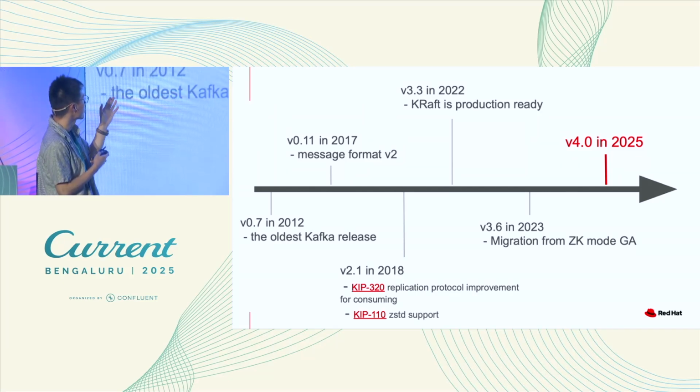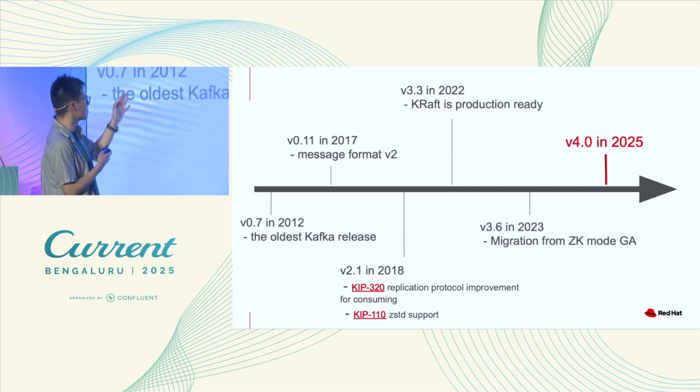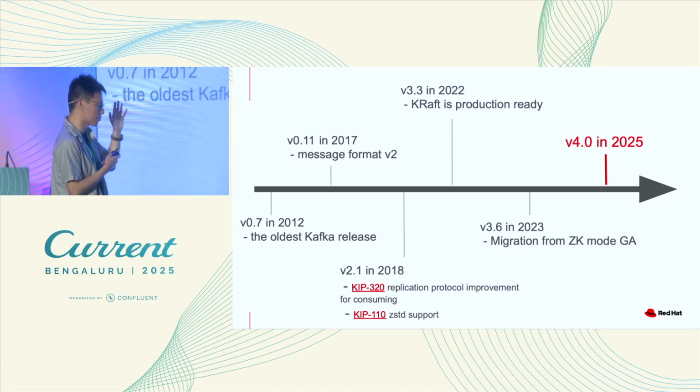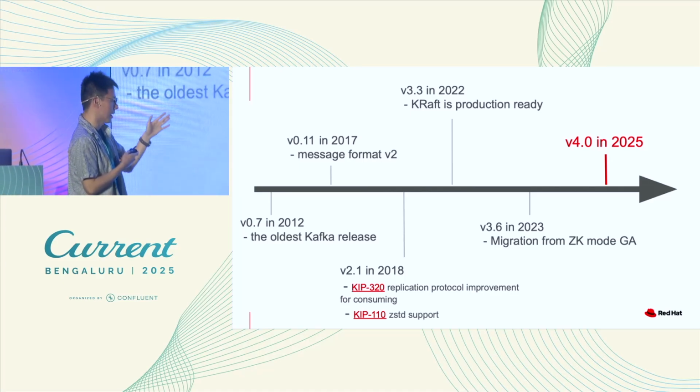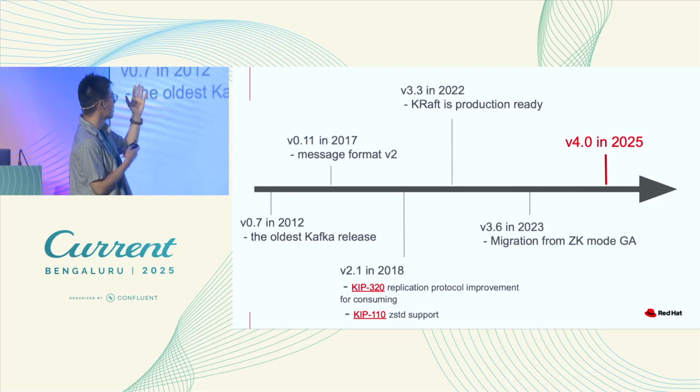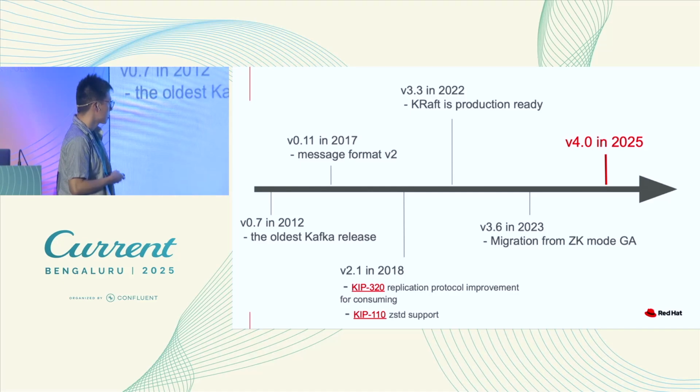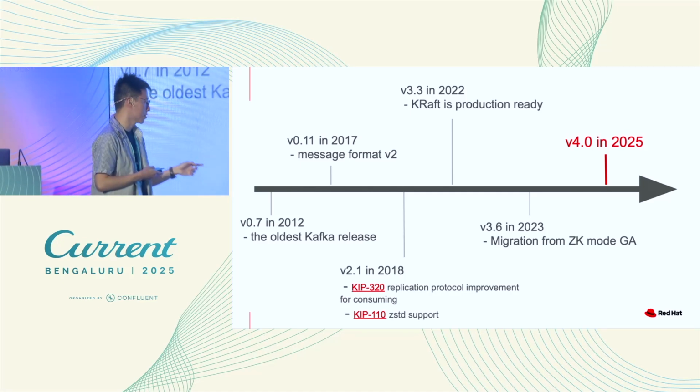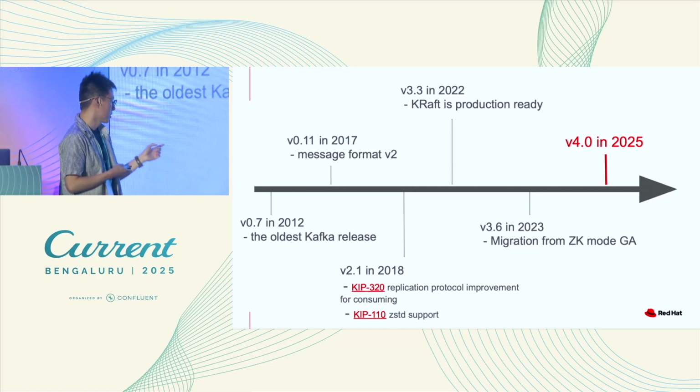Why did I put that in the diagram? Because we still use message format 2 until now. And I will tell you why that's important later. And then in the 2.1 release, we introduced replication protocol improvement and additional compression protocol support.